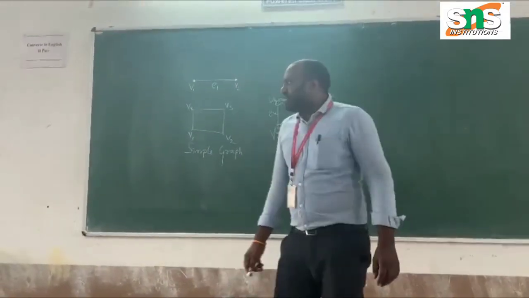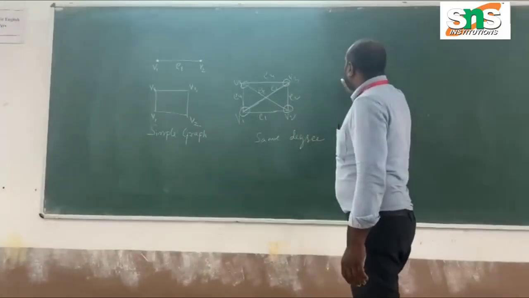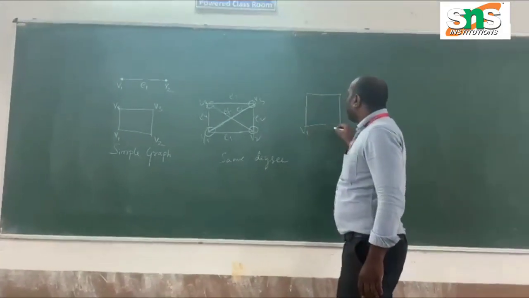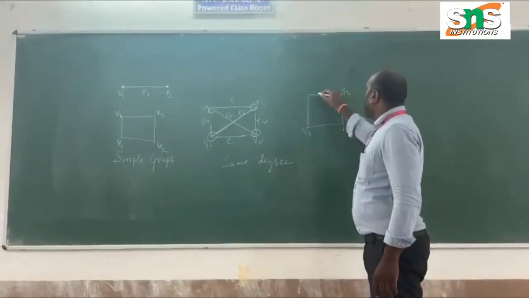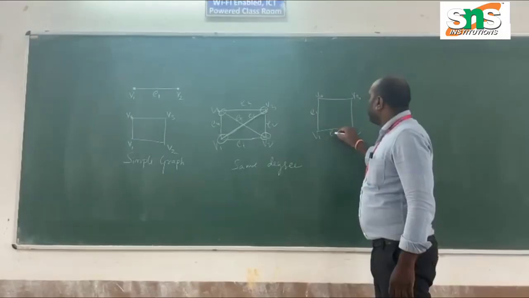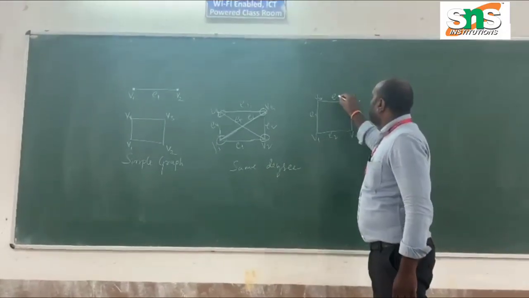Then next, the self loop. That is a very simple one. So if V1, V2, V3 and V4, then E1, E2, E3 and E4.